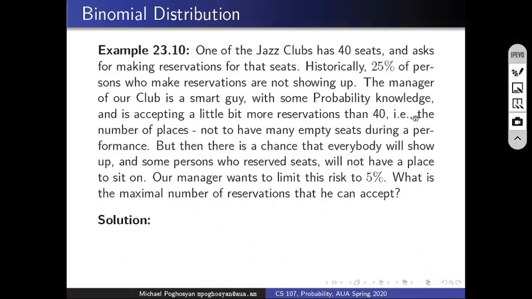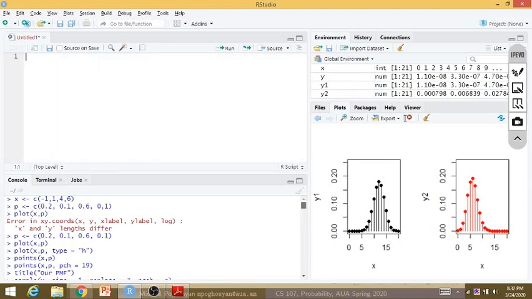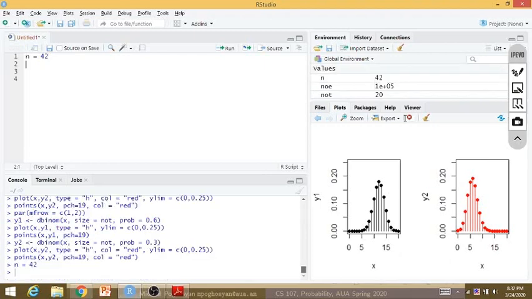Of course, let me erase this. So go back to R. So this is my R. I'm erasing everything here. So say n is equal to 41 or 40. Let me do that 42, and then I will change 41 to something. So n is 42.